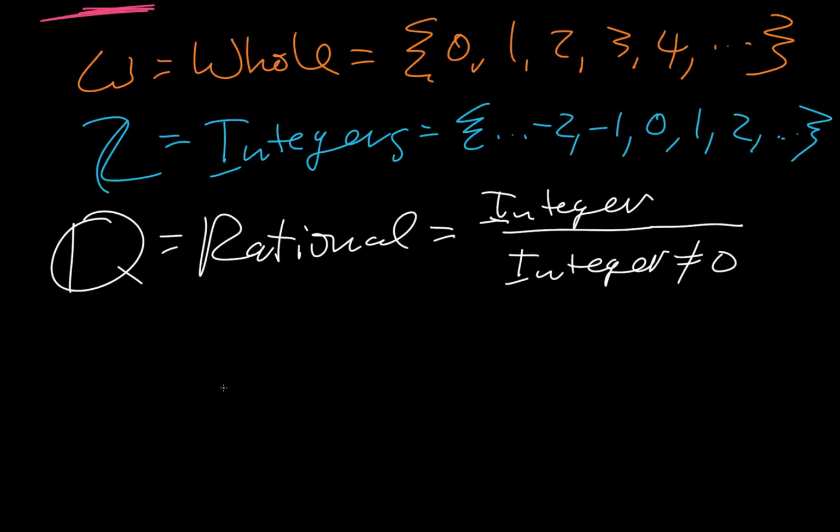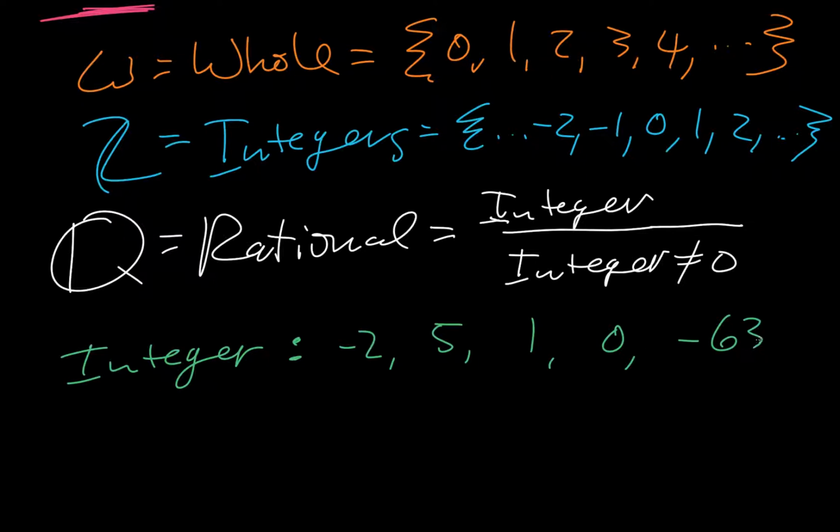So rational numbers, even though this is the definition, there's 4 ways that we can recognize a rational number. So the first one is just any integer. So for example, -2, 5, 1, 0, -632. Those would all be rational numbers.